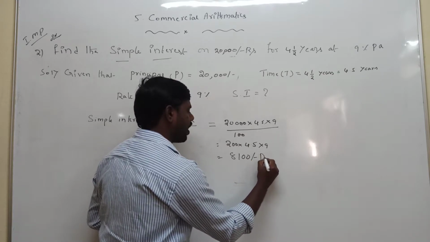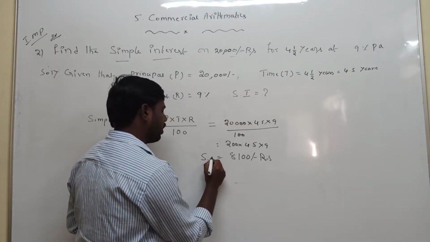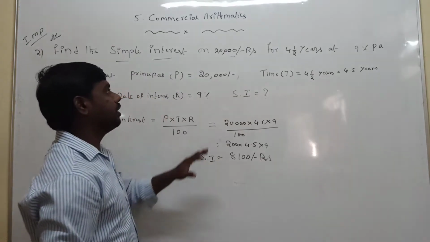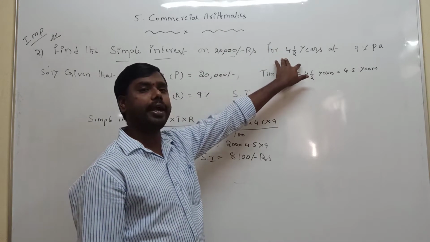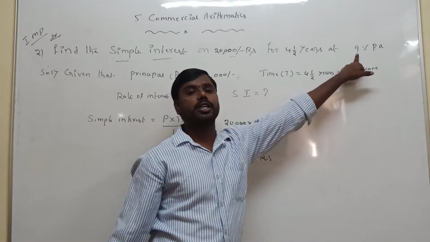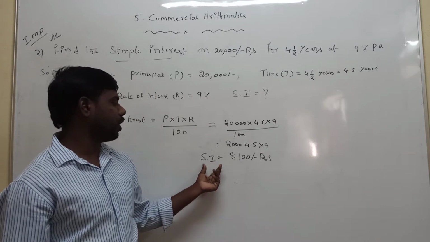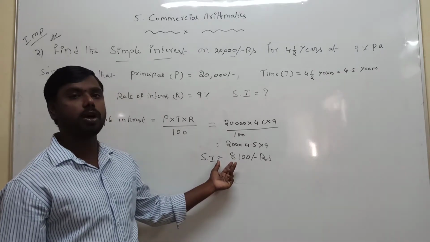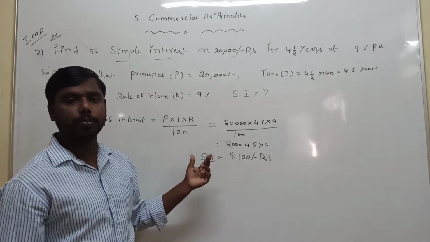What is the simple interest we get finally? 8,100 rupees. The given principal amount is 20,000 rupees. The given time period is 4.5 years. Per annum is per year. The interest rate is 9%. So how much simple interest are you getting? 8,100 rupees.